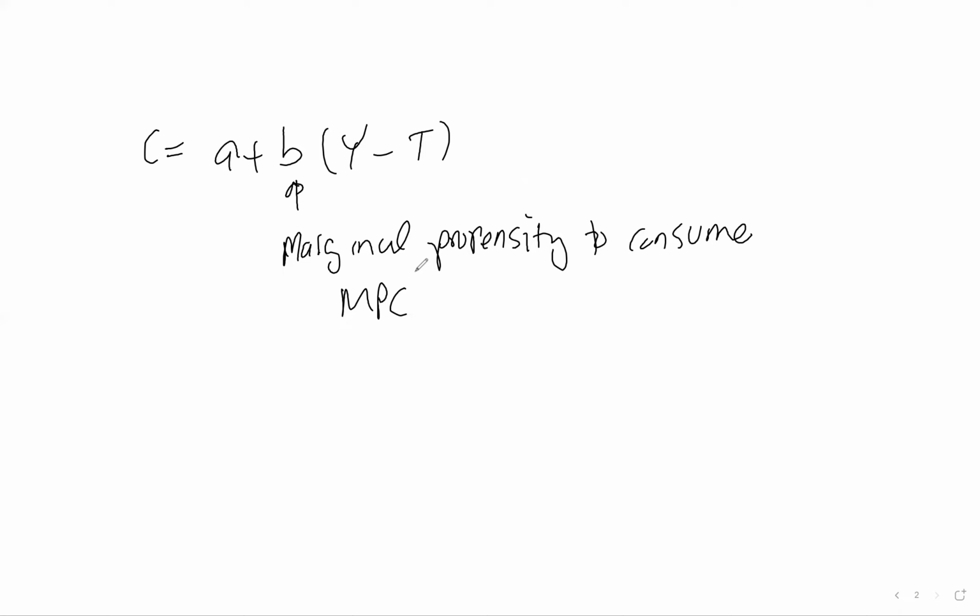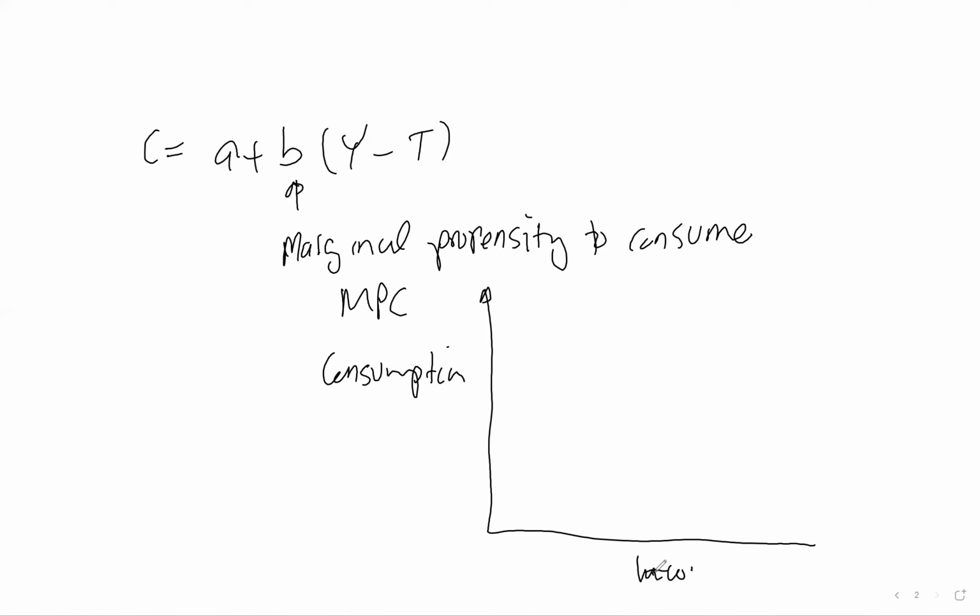So marginal propensity to consume is depicted by a consumption line, which is a slope line created by plotting the changes in consumption on the vertical y-axis, here, that's consumption, and the changes in income on the horizontal x-axis.